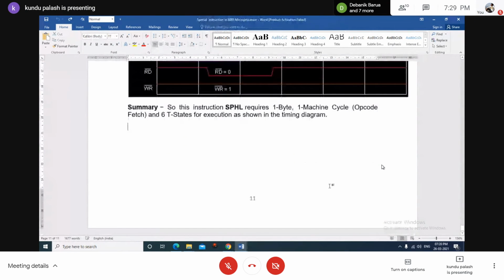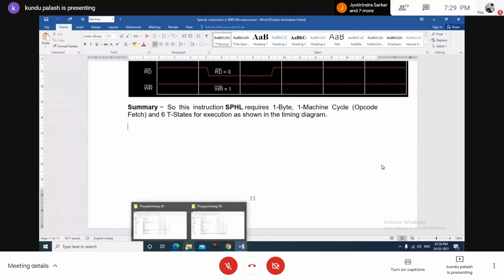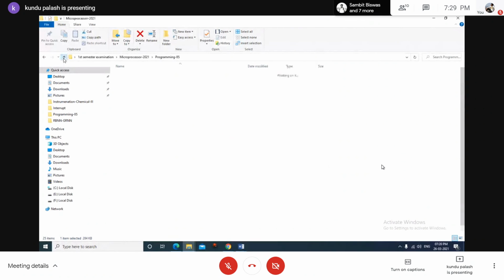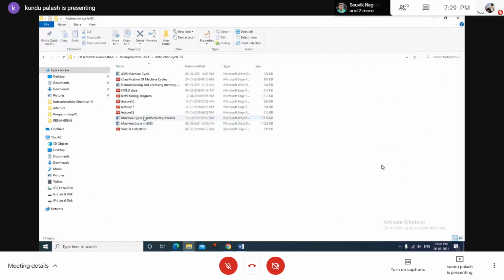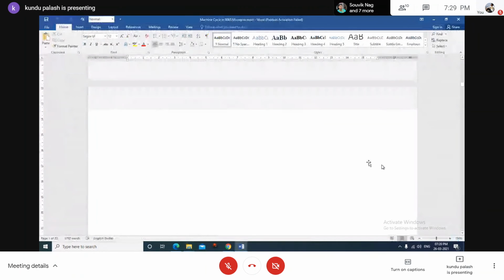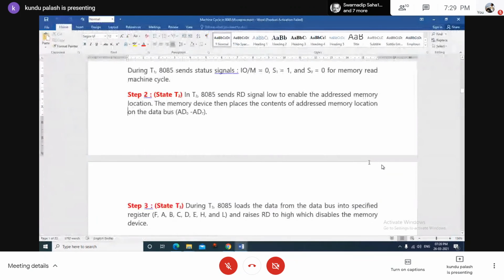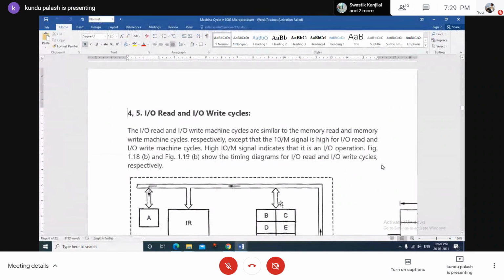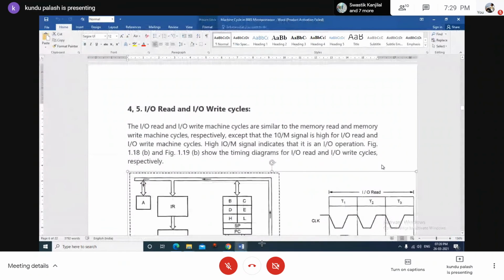Similarly, I have described the meaning of the memory read-write, IO read-write, opcode fetch cycle with the help of this diagram.